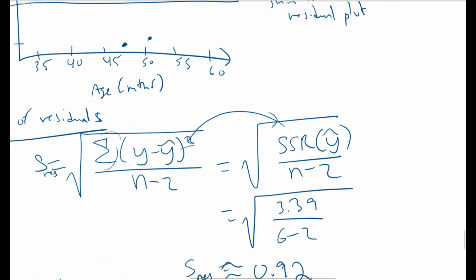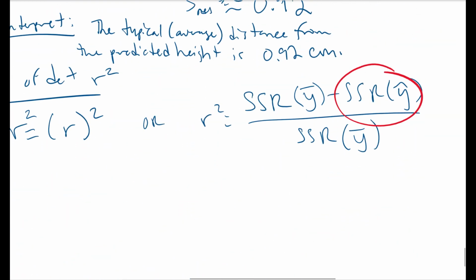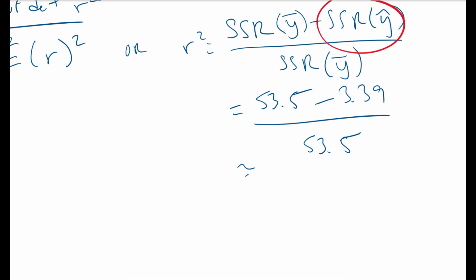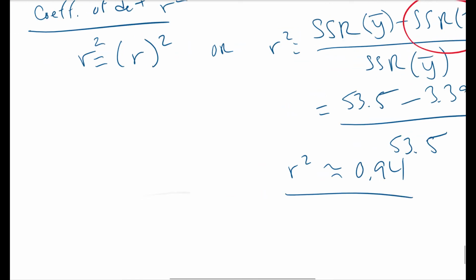So we have 53.5 for the top and the bottom here, minus the SSR for y hat, which we said was 3.39. Then we calculate that, and r squared is about 0.94. So there's our answer.